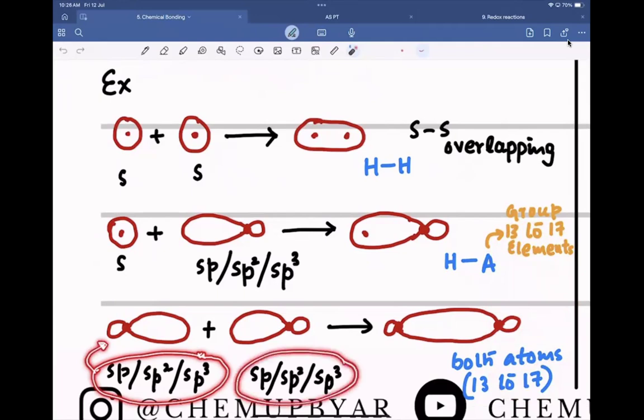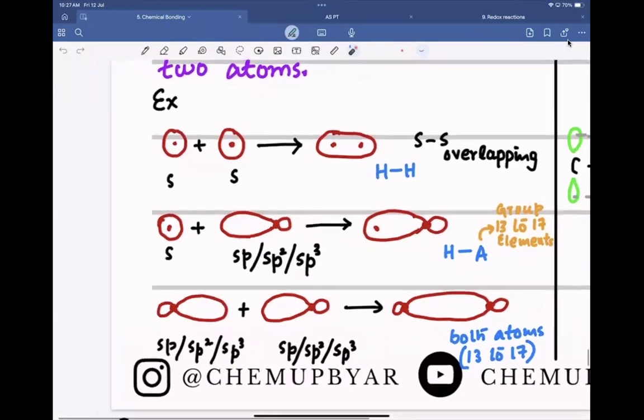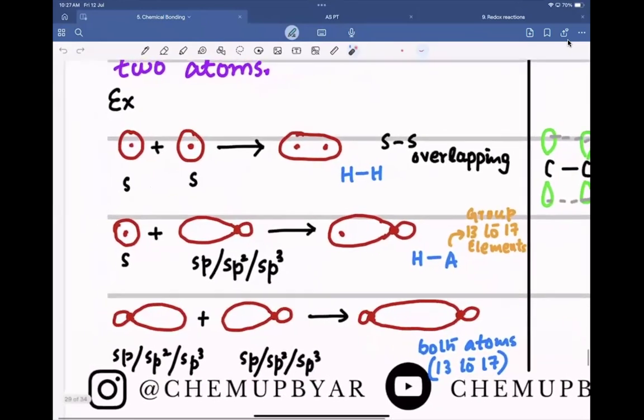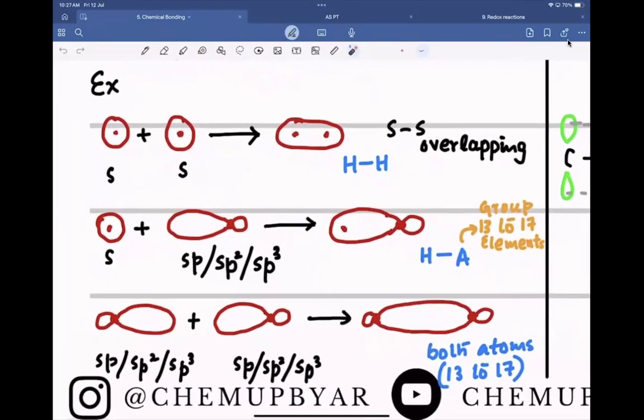Both atoms form such orbitals, and they overlap linearly. As a result we got this shape and a sigma bond is formed. Is this clear? If you have any confusion, any query, please ask.